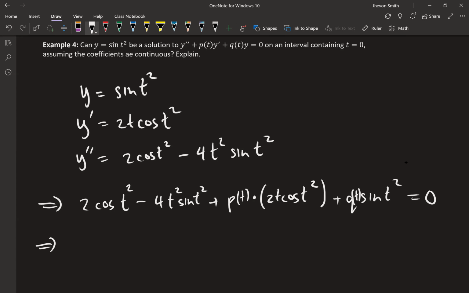Now I can group like the cosines. So I would have cosine t squared times 2 plus 2p. Kind of running over the time I wanted to spend on this section. Let's actually hurry this up. 2pt plus q minus 4t squared.